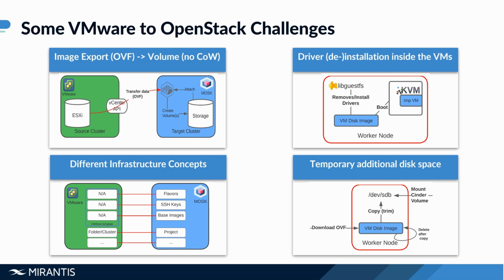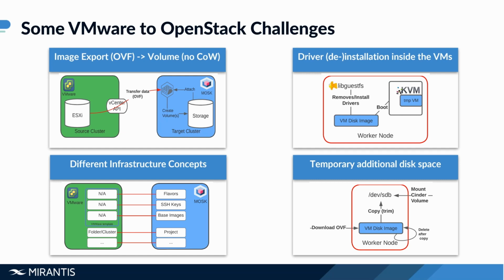That means we are taking the OVF container from vCenter, which actually passes through directly to the ESXi host, and downloading it to a worker virtual machine running directly in the target tenant, which will be spawned up by the automation pipeline. That means, and that's directly another point here, we need temporary additional disk space. I will come to that later.